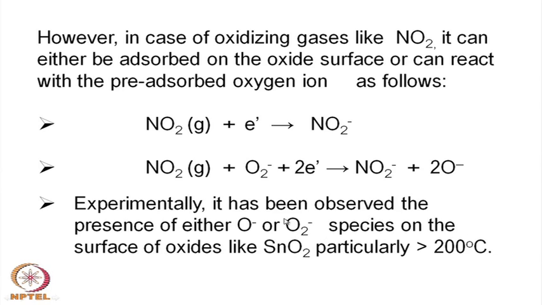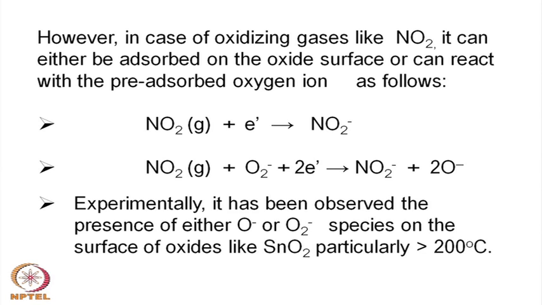Temperature of course has an important role, not only the gas concentration or the type of gaseous species, but the temperature also has a very important role so far as the adsorption characteristics are concerned, and this is important for the detection of the gases, whether it is an oxidizing gas or a reducing gas.